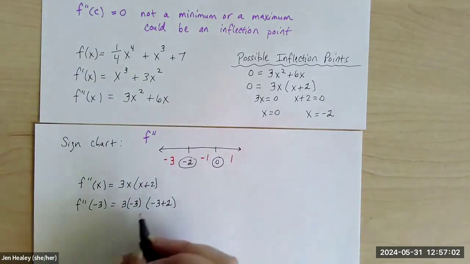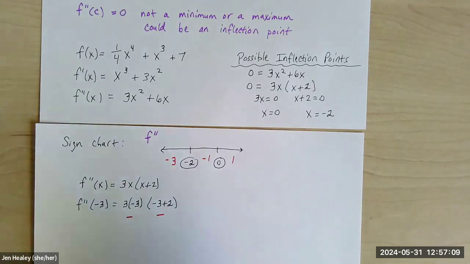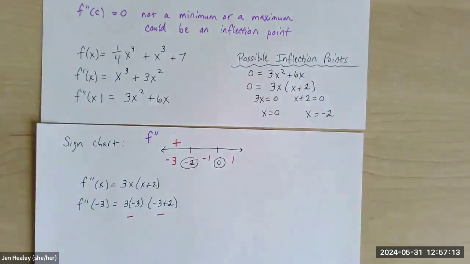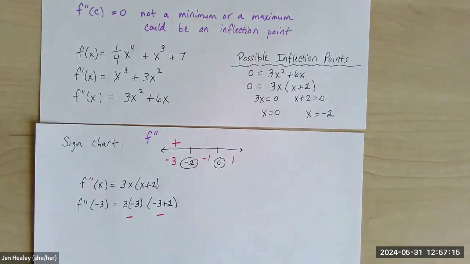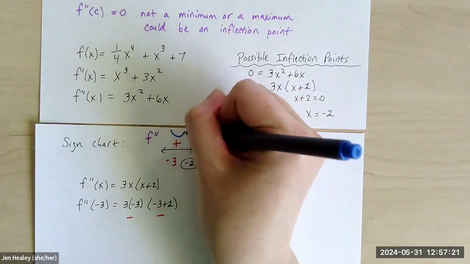This number, 3 times -3, is going to be negative, and then -3 plus 2 is also going to be negative. We have a negative times a negative, which means we have a positive for our second derivative. Positive second derivative by our concavity rules says that we're concave up in this region.